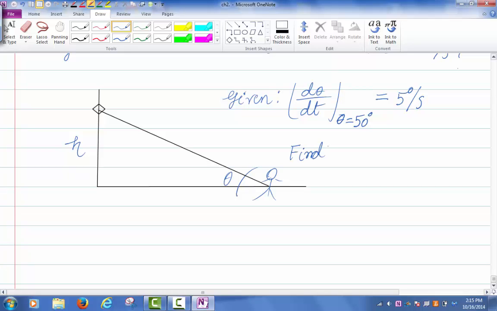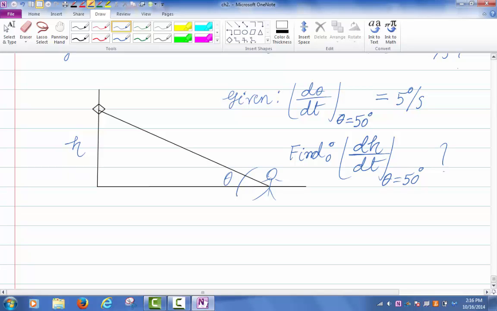We have to find the speed of the rocket, which means the rate of change of the height of the rocket, and we need to find that rate at the moment when theta is 50 degrees. So what is this quantity at that moment? Is the question clear to you? You have to find the rate of h given the rate of theta.